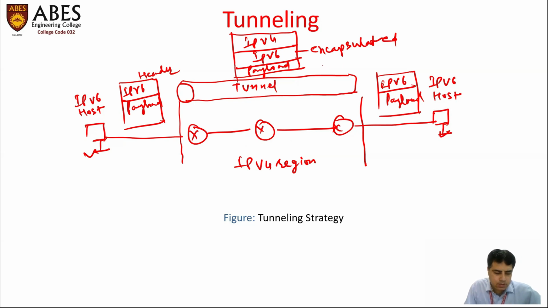When it enters the region, it is encapsulated, and it leaves its capsule when it exits the region. Then it will come back to IPv6. So it seems like the IPv6 packet goes through a tunnel at one end and emerges at the other end. So the IPv4 packet is carrying the IPv6 packet as data. So this is the tunneling strategy.